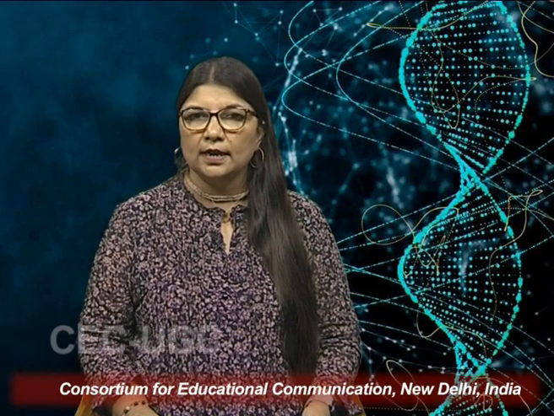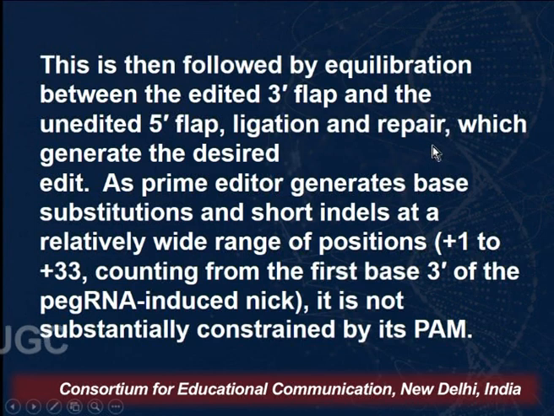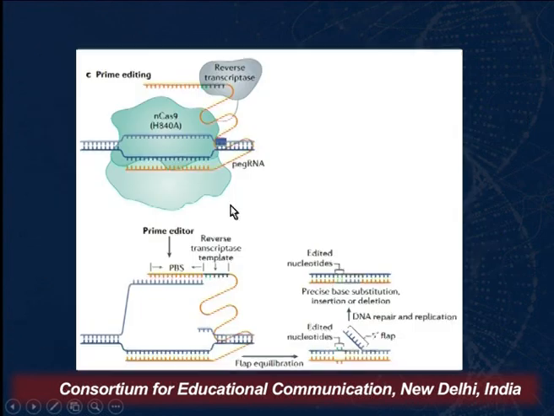And this primer binding site, which is adjacent to that, pairs with the nickase Cas9 nicked single stranded DNA, priming the reverse transcription and incorporating the genetic info. This is then followed by equilibrium between the edited 3' flap and the unedited 5' flap, ligation and repair, which generate the desired edit. So, we will see in the figure how this is happening.